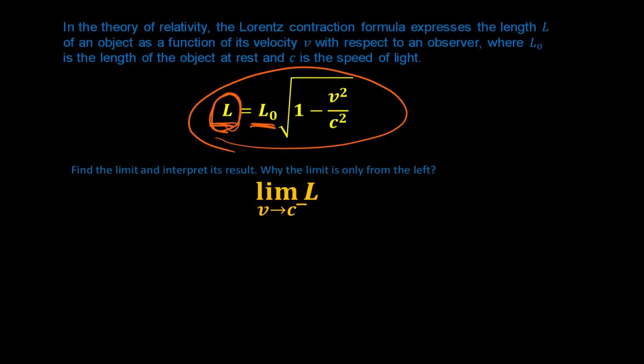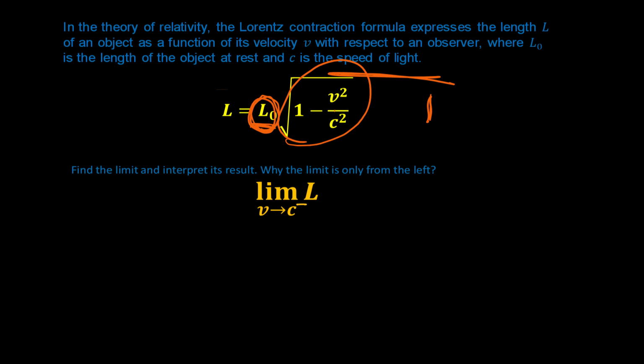But when the velocity v is a very small number compared to the speed of light, this radical is very close to 1. So the actual length of the object at rest is almost the same as the length of the object when it is moving with velocity v.